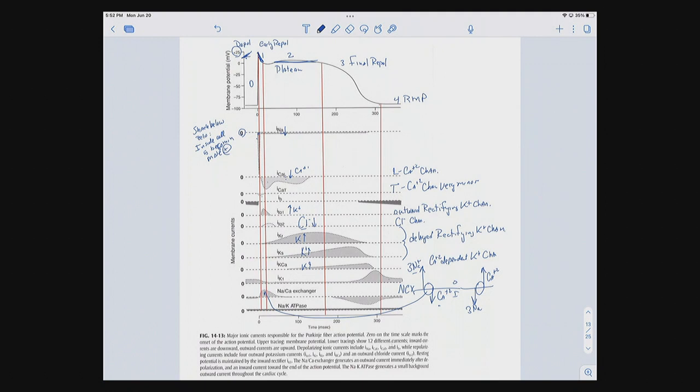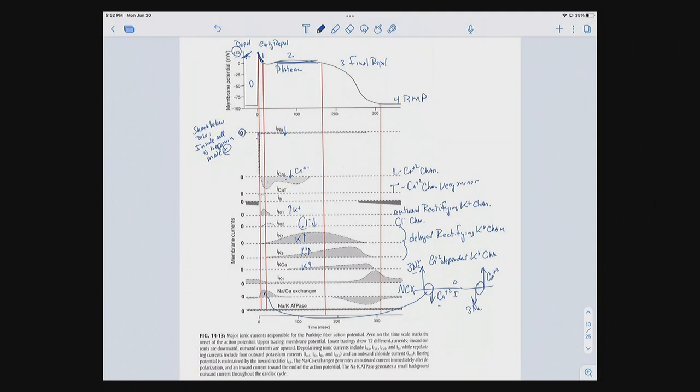So as long as this is plateauing here, what that means is that the net change of charge during this phase 2 is 0. So for every positive charge coming into the cell, calcium, I'm having an equal positive charge leaving the cell, potassium. So it's a net 0 gain here. So it just hangs up there.